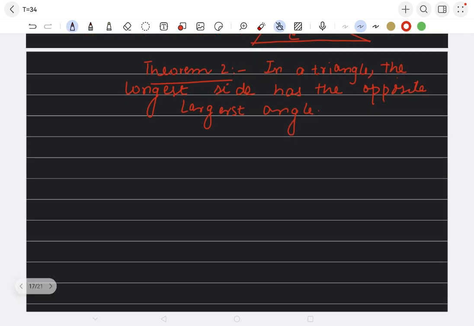Okay. Now I'm moving towards my theorem number 3, and see what it is about.